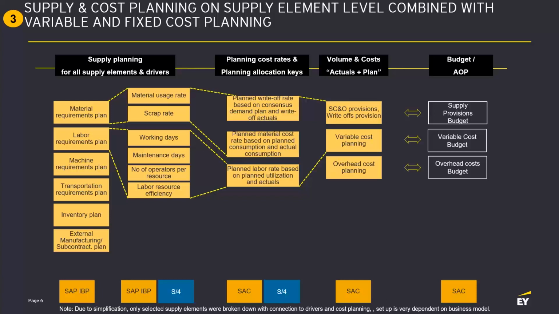Next, for work centers where operators influence the output, the number of operators is also a variable or a driver for increasing or decreasing your output. And finally, based on information from the past, you can assess the specific work center efficiency with the use of the data from the actuals in S4 as well as SAP IBP.